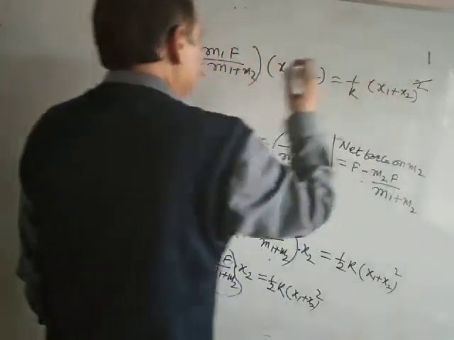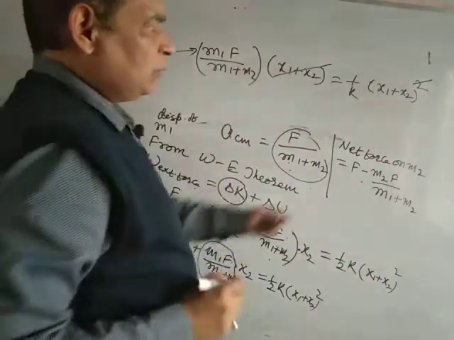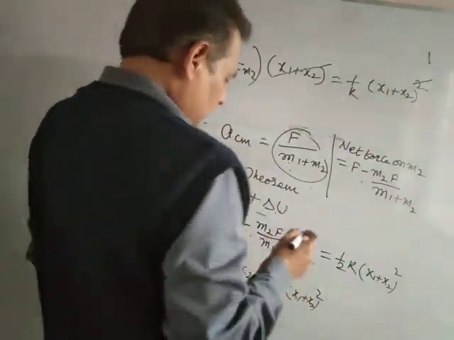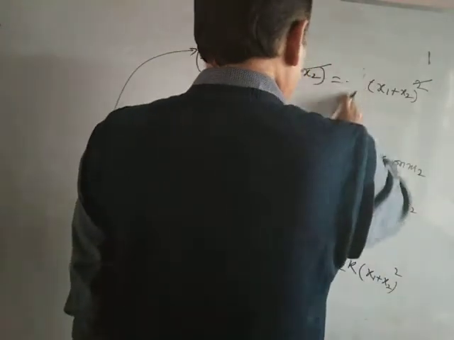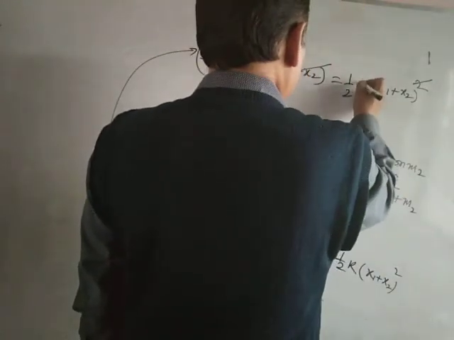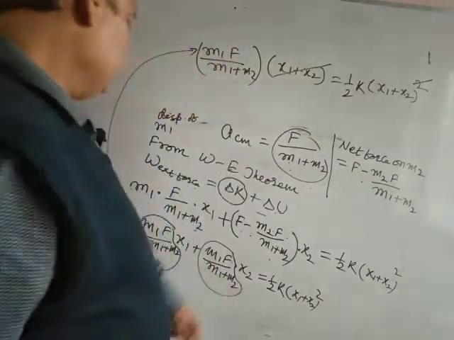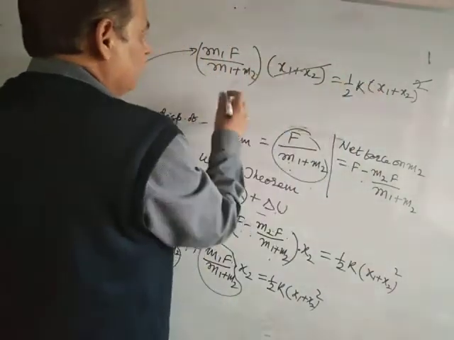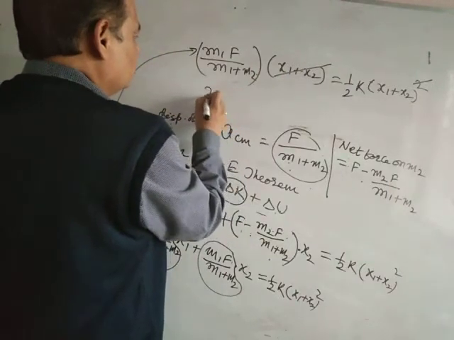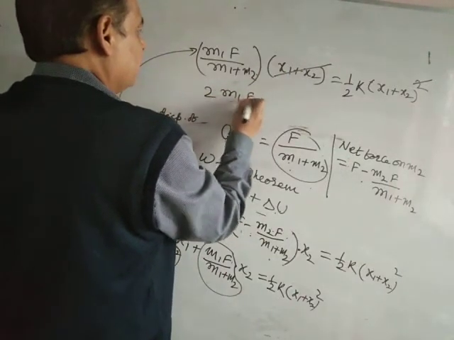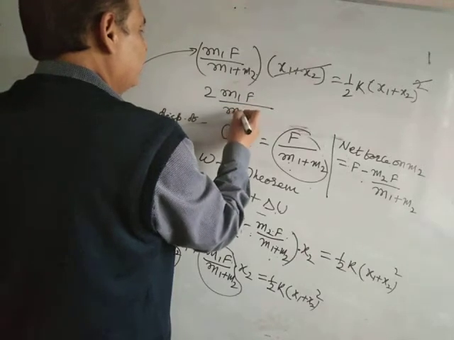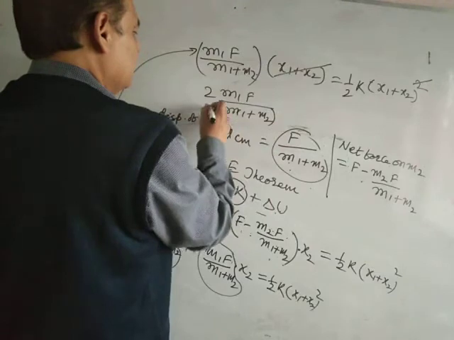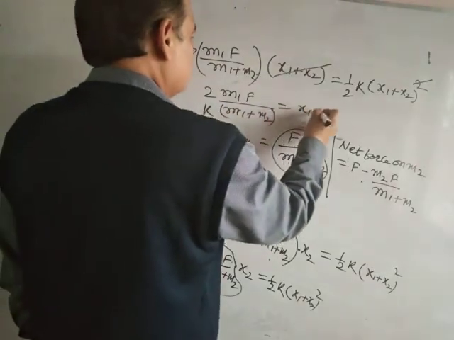You can take this one cancelled. This x1 plus x2 upon k, that is half k, I'm sorry, that is half k, will be remaining. And if you put this one leftward, what about this one? 2 m1 F upon m1 plus m2, that is k times x1 plus x2.